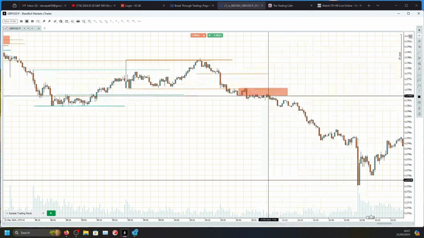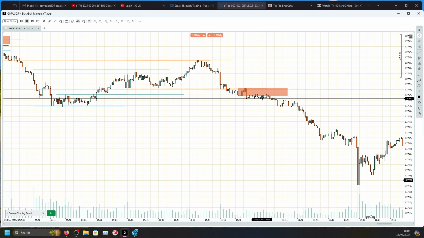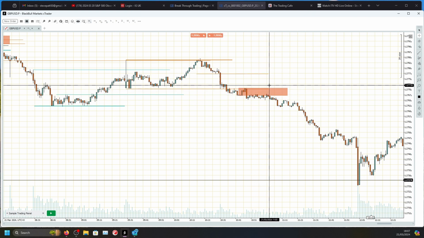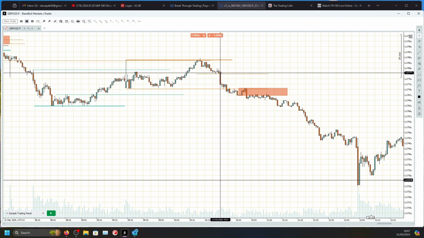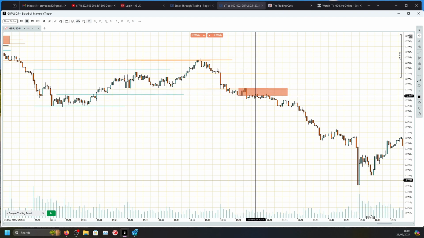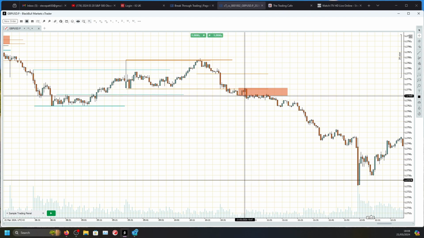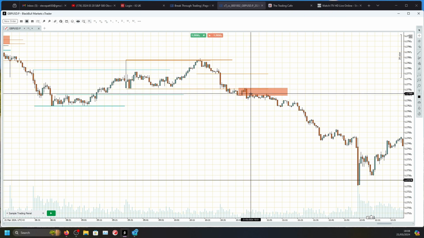I mean, that's telling a story right there. There's no attempt to push higher after seeing that bearish momentum coming out of there, and then price not being able to get back through the top of that bearish candle.